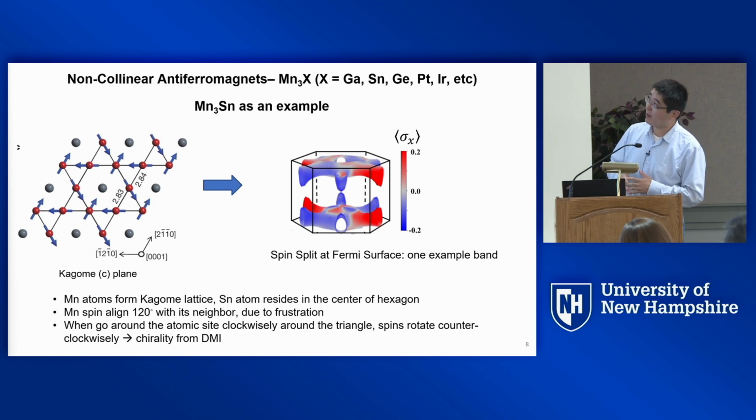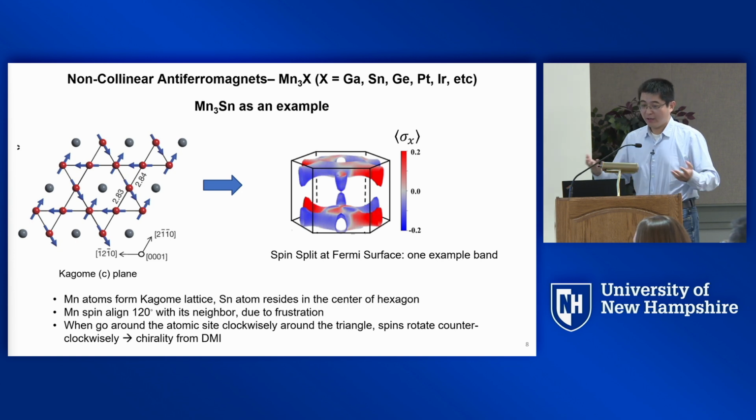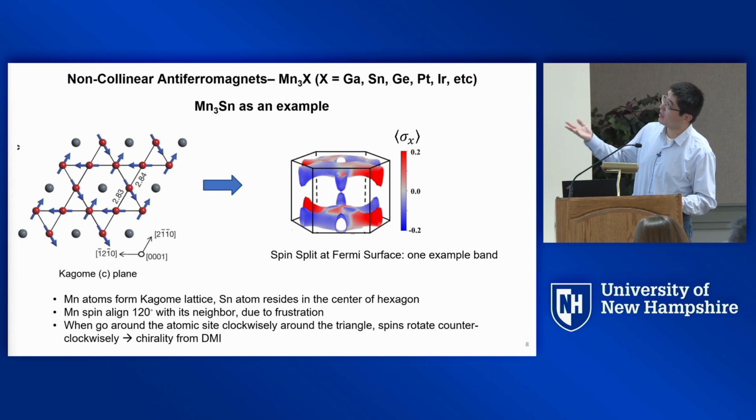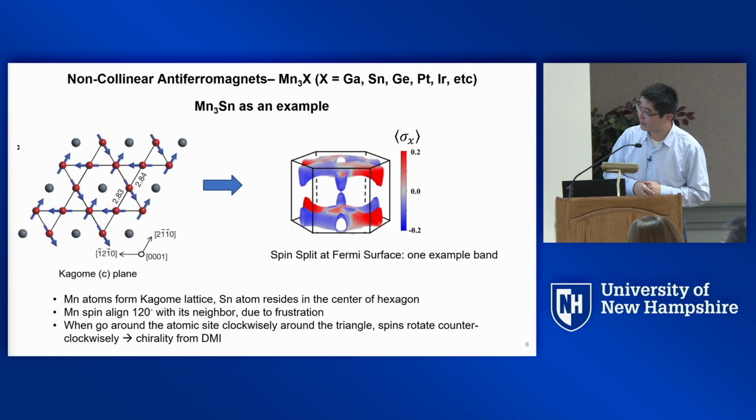So here, the family of the materials I'm going to talk about is this kind of manganese 3X, where X can be a few different transition metals: gallium, tin, germanium, platinum, iridium, and so on. They have some subtle difference in terms of their real space spin texture, but today I'm going to utilize manganese 3 tin as an example.